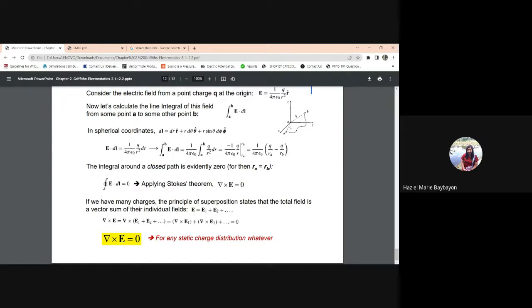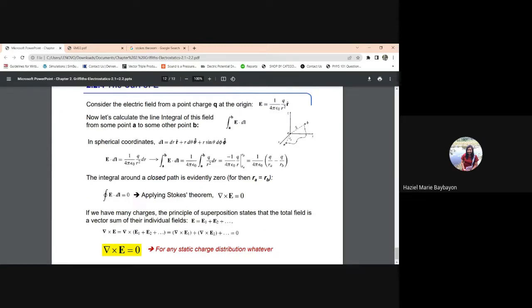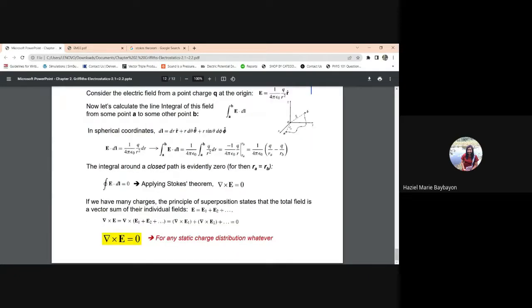So, in general, for any static charge distribution, the curl of E is always equal to 0. And we will learn later why this is so.